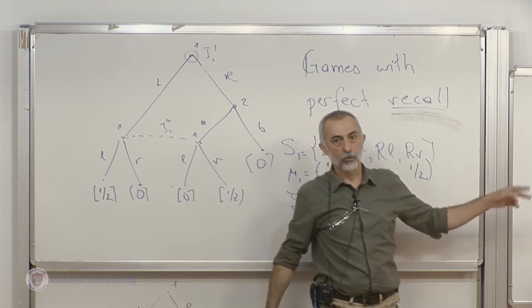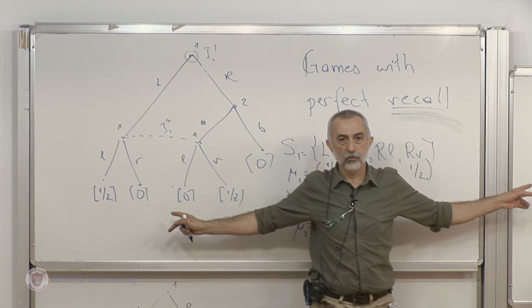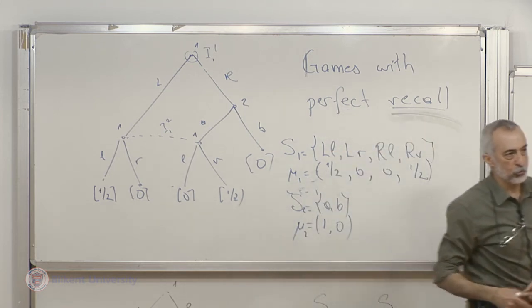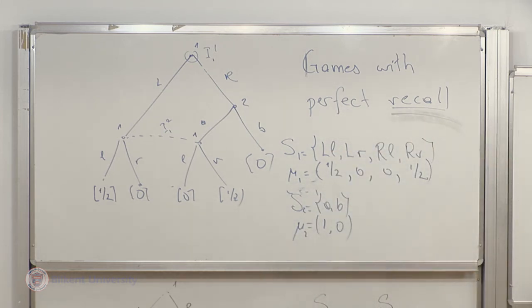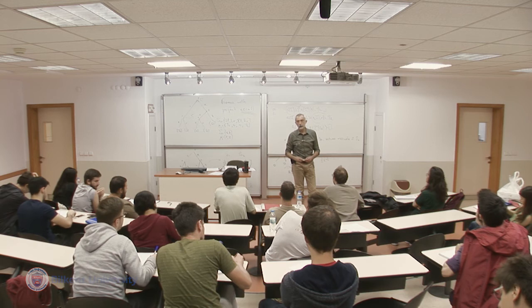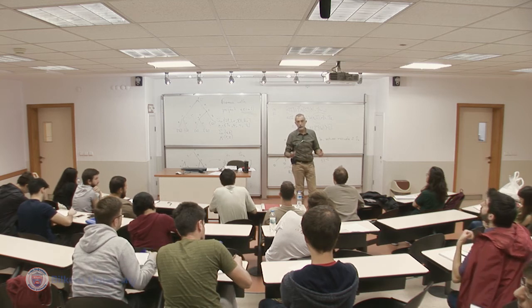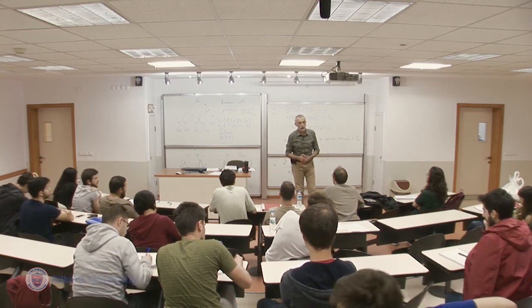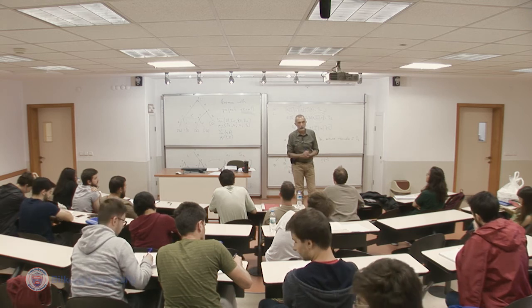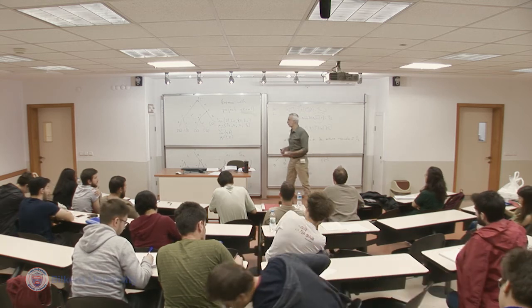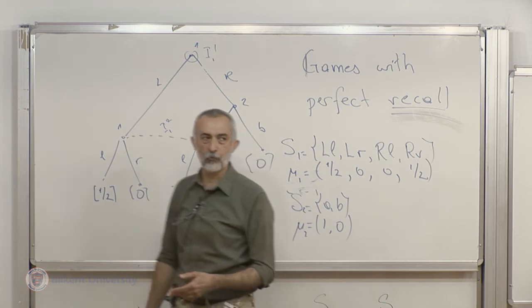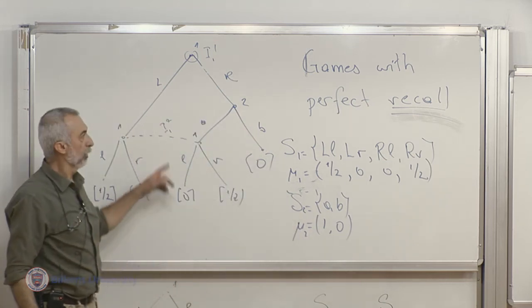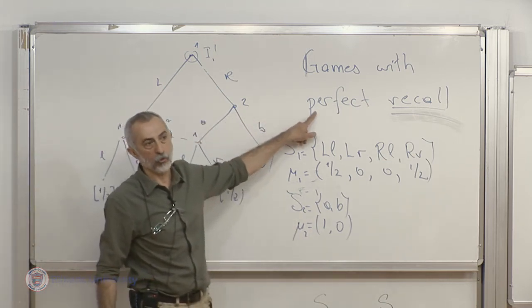Okay? So in such games, behavioral strategies and mixed strategies are not equivalent, in the sense that they do not induce the same probability measures over terminal histories. Hence, most of the games that we study are games with perfect recall.